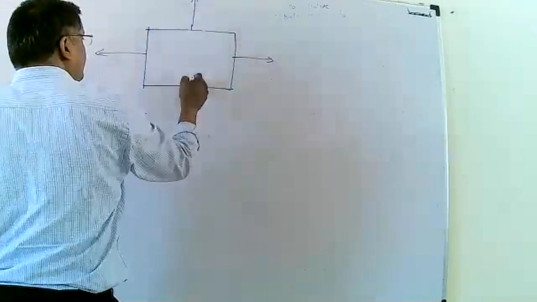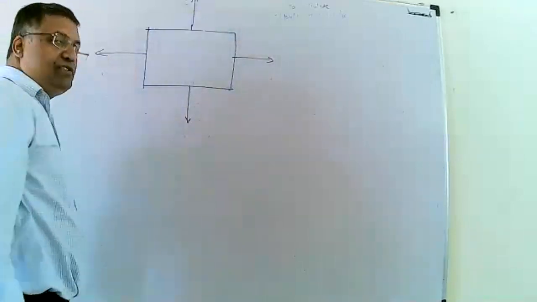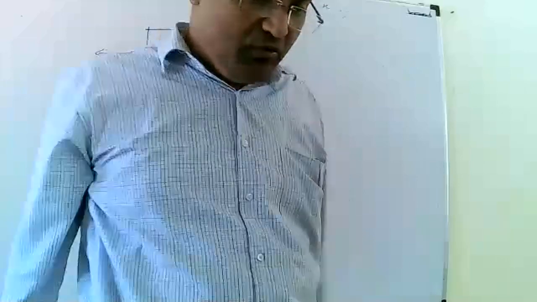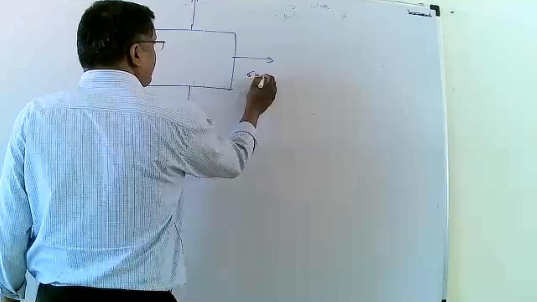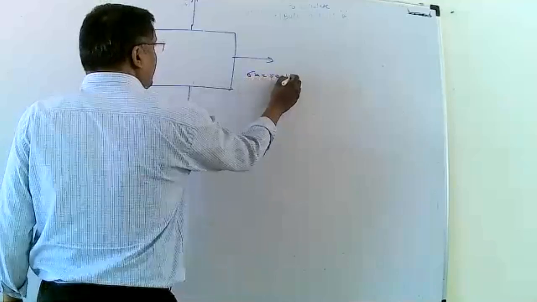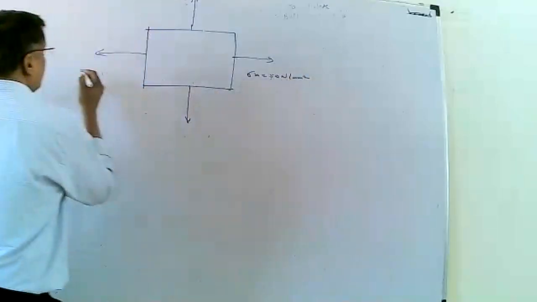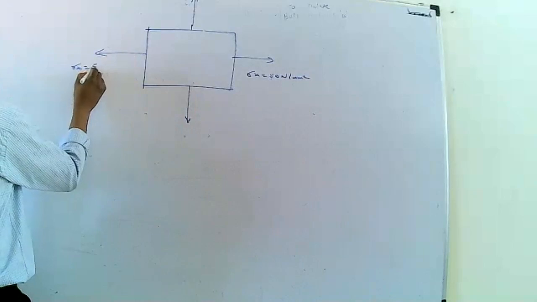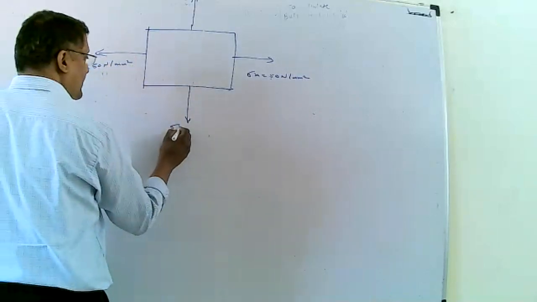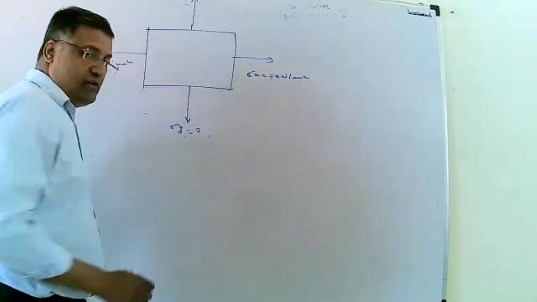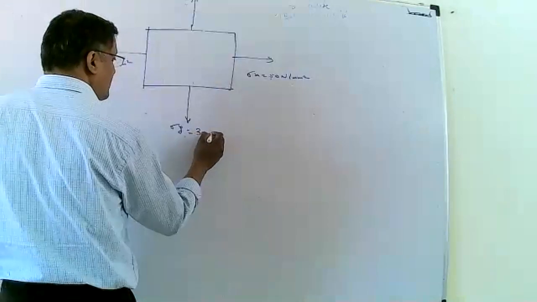This is the y direction. The stress induced along both directions you have to provide as values: sigma x, that is 50 Newton per mm square, and sigma y, that is 30 Newton per mm square.